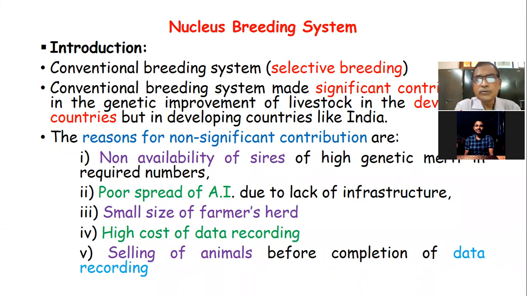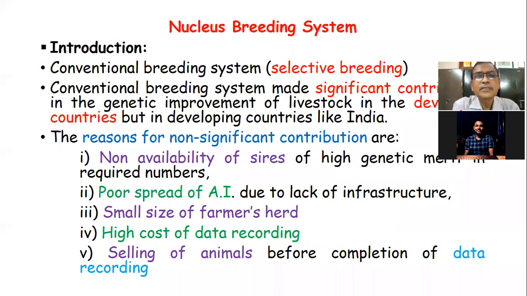So the nucleus breeding system. Where does the nucleus stay? In the center of the cell, isn't it? What stays in the center of the cell? The nucleus. Everything is there which can control all the functions of the cell. ठीक है ना? DNA is there, and RNA is produced from the DNA.